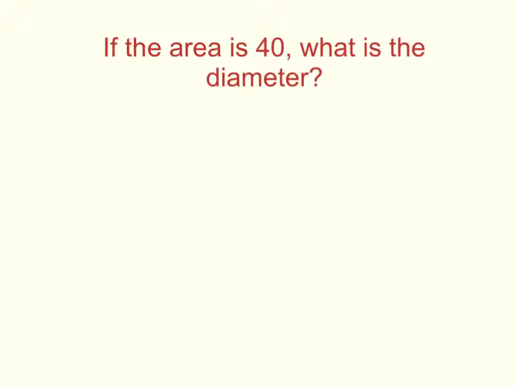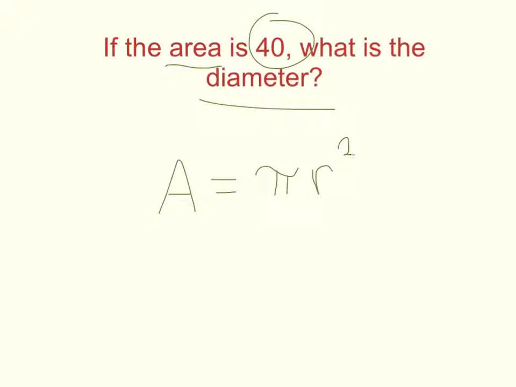What if I know the area, but I want to know the diameter? Well, we know that our formula for area is A equals pi r squared. And in this case, the area is 40. 40 equals pi r squared.